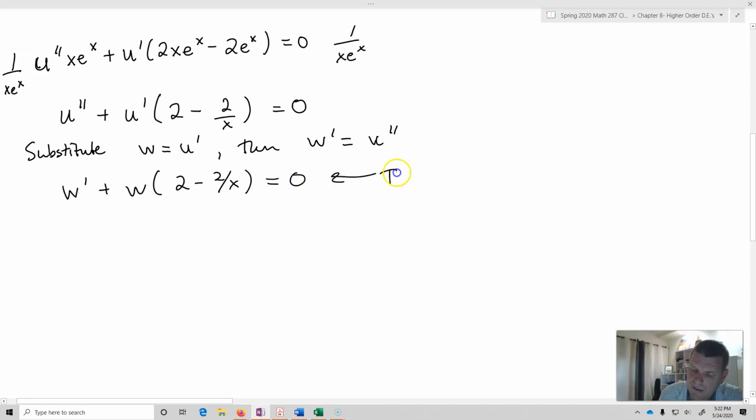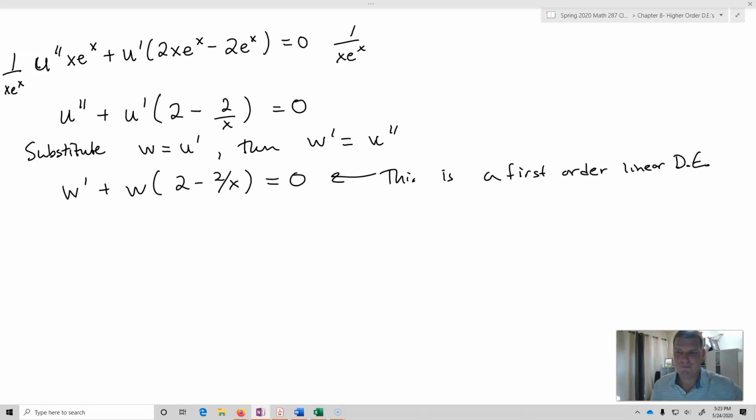This is a first order linear differential equation, and since it's first order linear, I can use the integrating factor to solve it. That's one of the big ideas, if you ever get into ordinary differential equations: wow, I now have something that reduces to a first order equation that I do know how to solve.